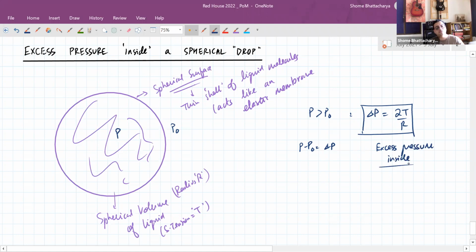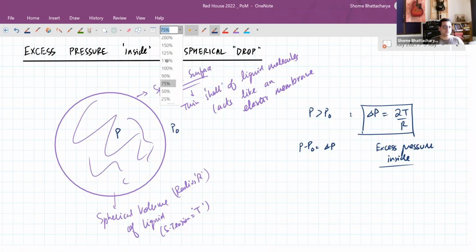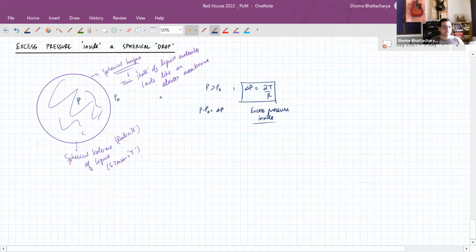And as you can see, it's inversely proportional to the radius. So the smaller the droplet or the smaller the volume of liquid in that sphere, the more the excess pressure inside. Okay. So this is a very interesting property that a fluid develops as a result of its surface.